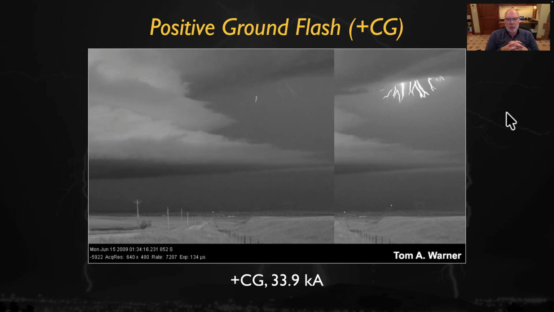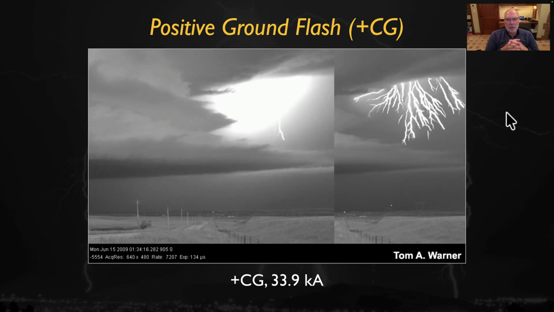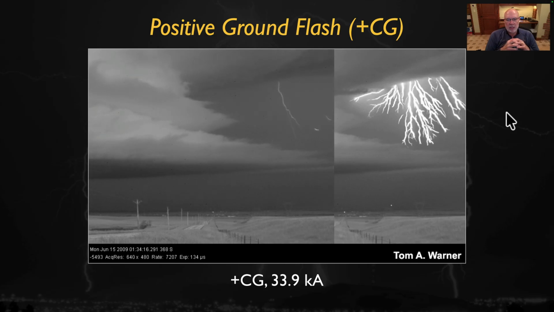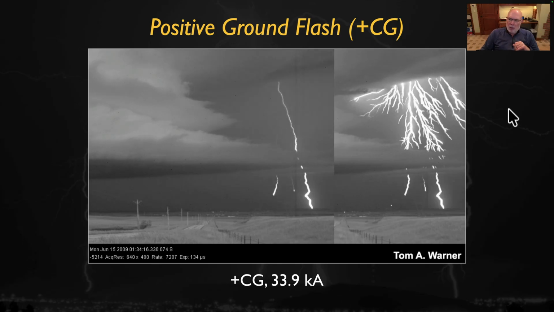I did an image stack on the right so you can see the cumulative luminosity. So lots of recoil leader, very faint branches, faint channel, but then it's going to brighten up intensely as it reaches towards the ground. And that's just prior to the return stroke.